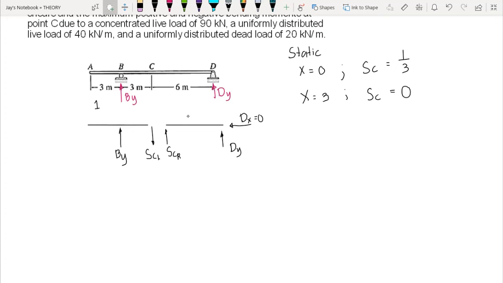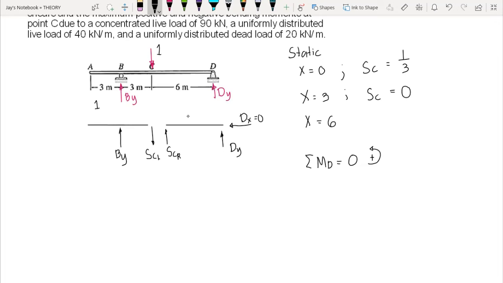And then we move our 1 unit load to exactly point C, and that is when our x is equal to 6. So we compute for SC. We solve all the reactions. So we have to sum up moment at D equal to 0, counterclockwise positive.